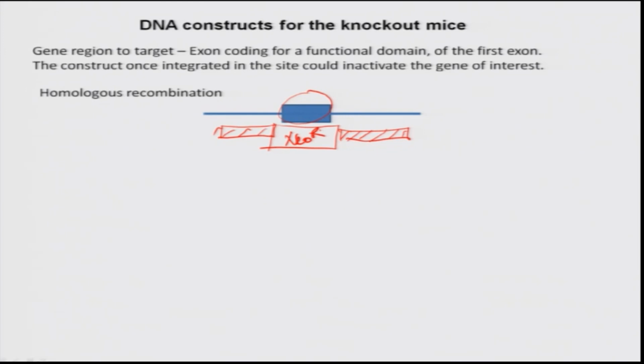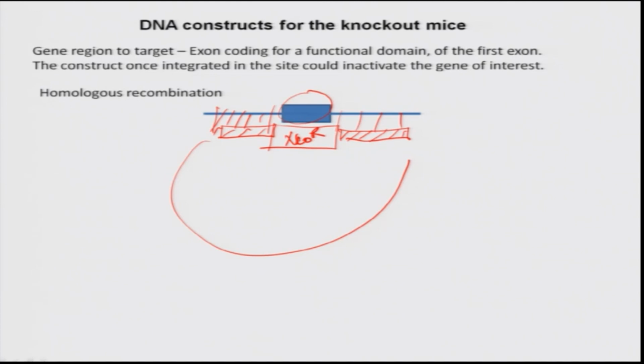So this segment now carries a neomycin resistance coding sequence, and once you make this construct, you have a construct in which this segment is identical to the gene here and here, but the region which you want to delete or mutate is removed, and in that region you have placed foreign DNA having a small segment of the neomycin resistance gene.